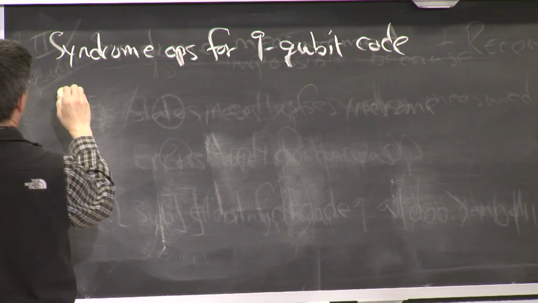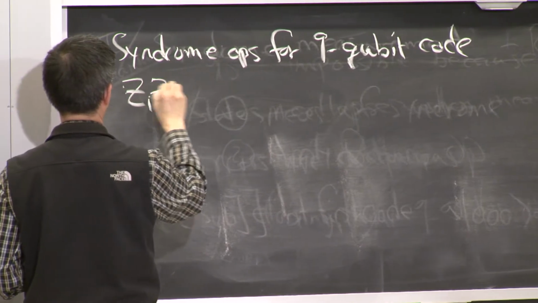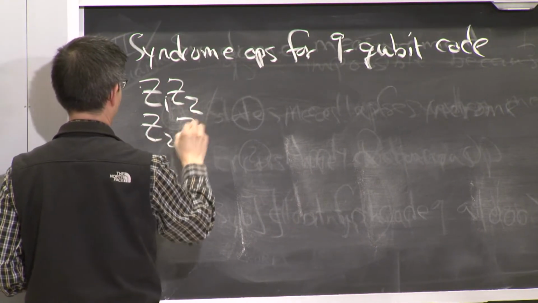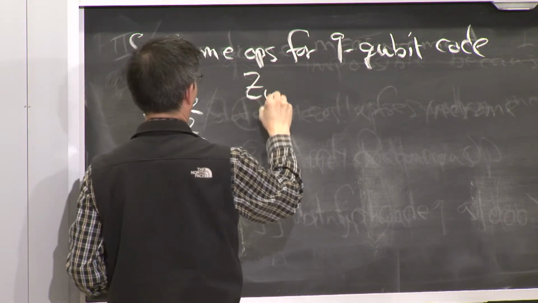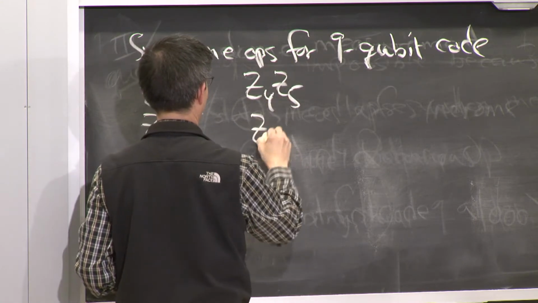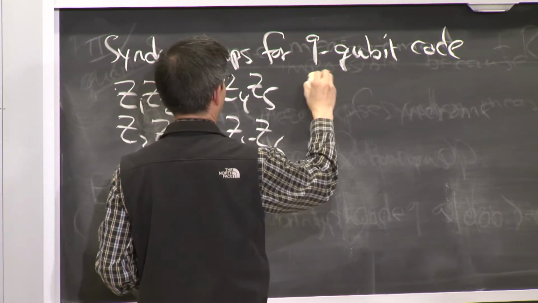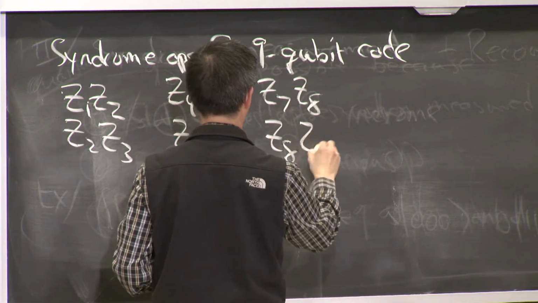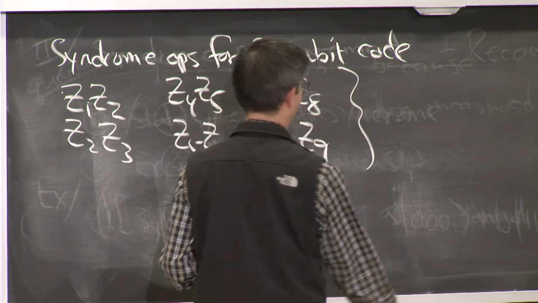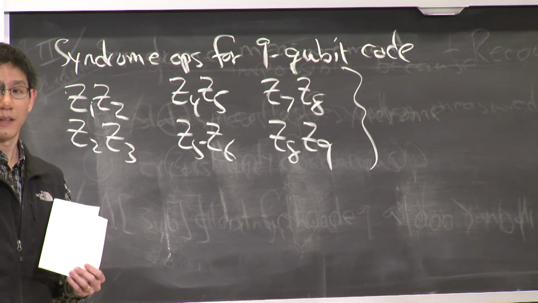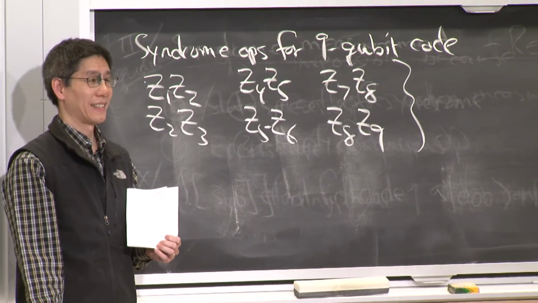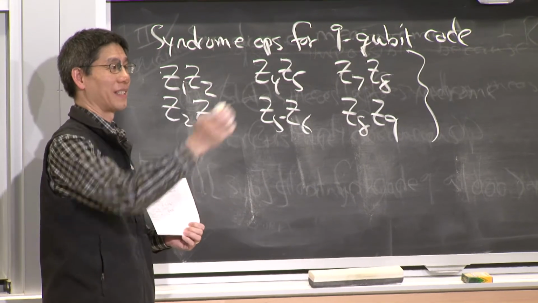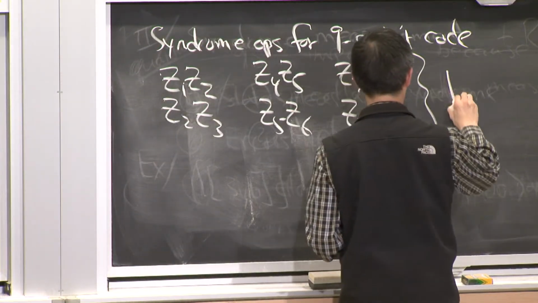They are Z1 Z2, Z2 Z3, Z4 Z5, Z5 Z6, Z7 Z8, Z8 Z9. And these correct for what kind of errors? Yes, please. Bit flip errors.